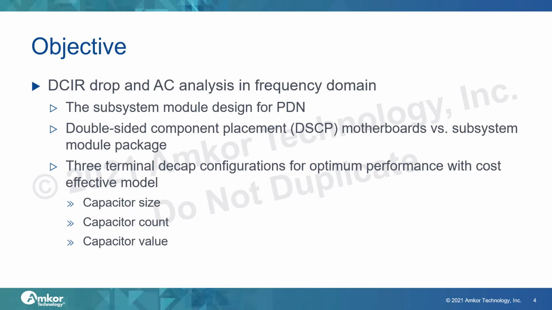And then prove the advantage of subsystem module package. Finally, I will introduce three decap configurations of capacitor size, count, and value for the subsystem module package in order to decide the optimum performance and package density based on cost-effective model.